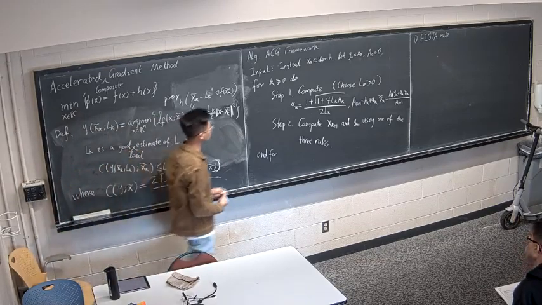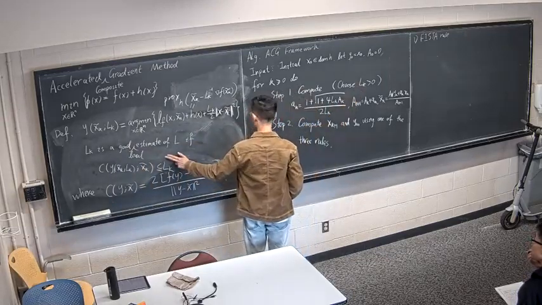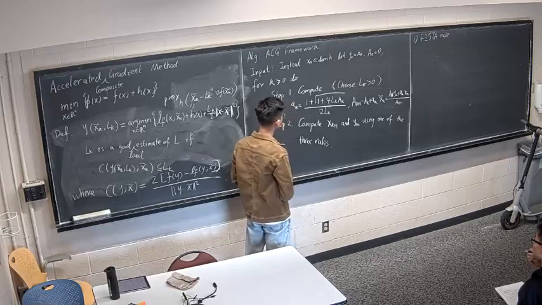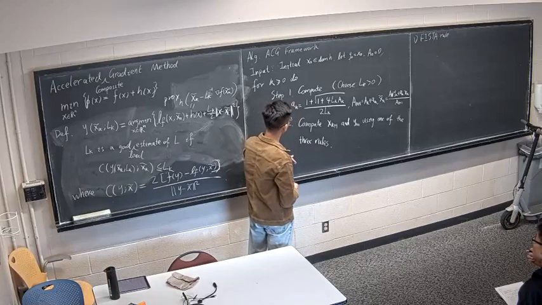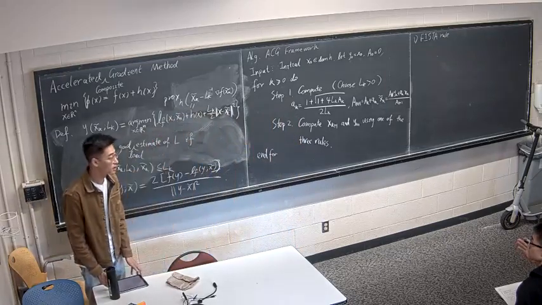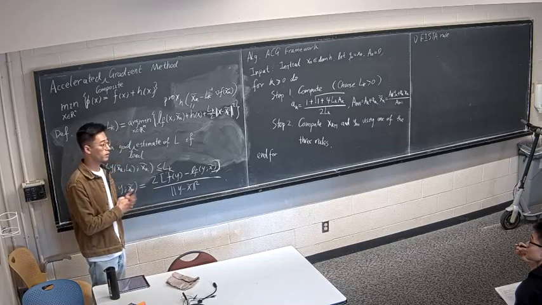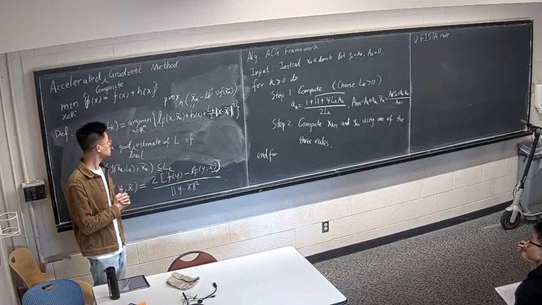And suppose your L is a good estimate for the local curvature of L, then we can do the following computation. What if L itself is already really small? Can I choose L as L_k? If it's small, it's okay.